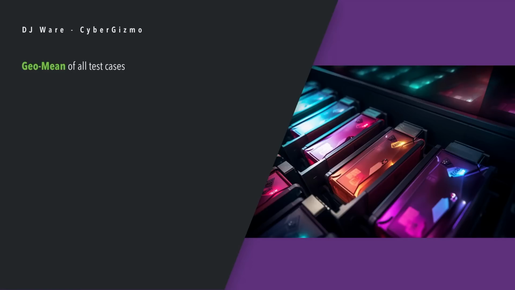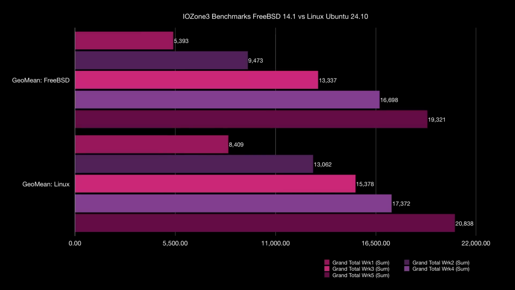So let's get to the bottom line. If I do a geomean on all the tests, which one's winning? And I don't put any weights on it. I just say, okay, of the 14 tests, how did this look overall? All right, so there's what we got. FreeBSD on single user, one worker, let's call it 5,400 megabytes per second.